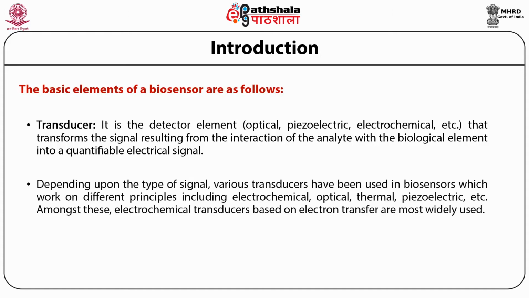Depending upon the type of signal, various transducers have been used in biosensors which work on different principles including electrochemical, optical, thermal, piezoelectric, etc. Among these, electrochemical transducers based on electron transfer are most widely used.